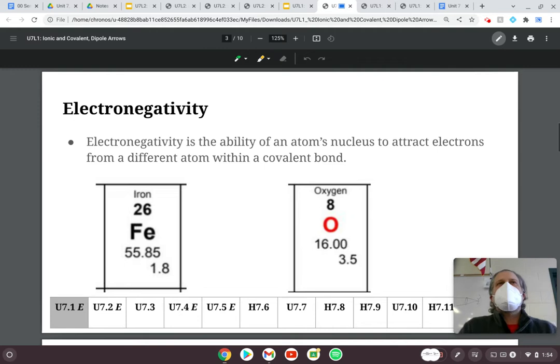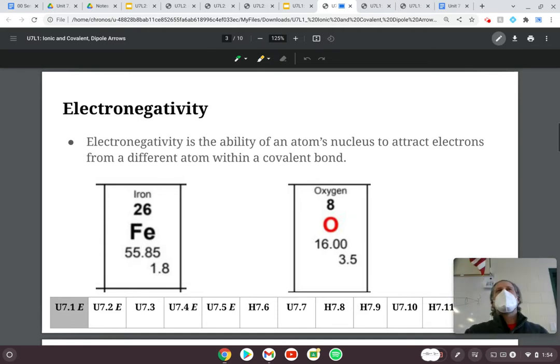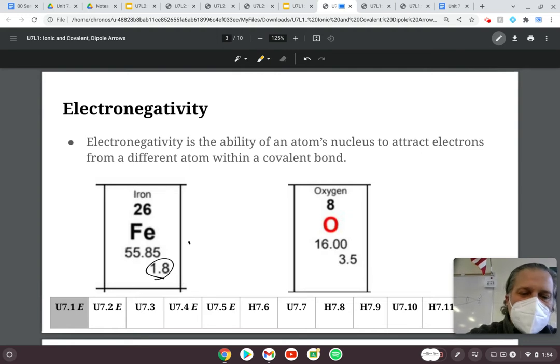Now, electronegativity on your periodic table, there's always been this number on your periodic table, right here, that number right there. And that number we've never used before, but that number is an element's electronegativity. So this 1.8 is the electronegativity of iron, okay?